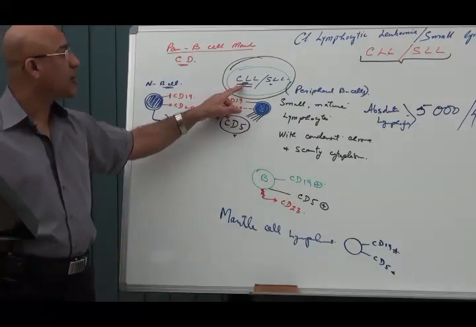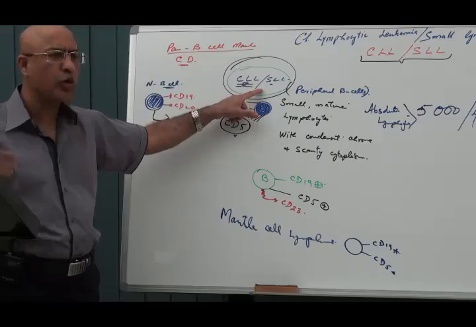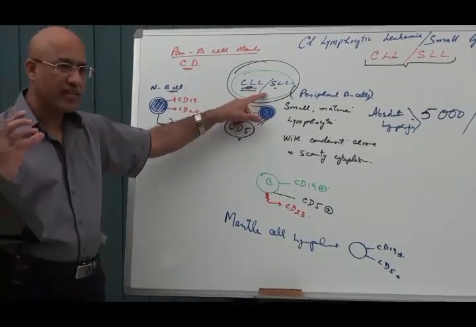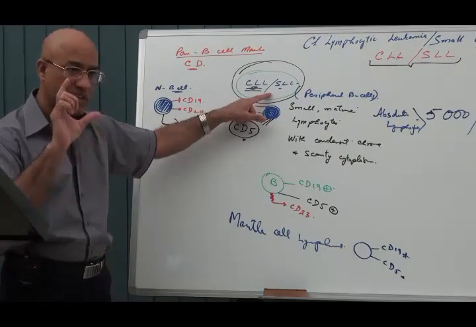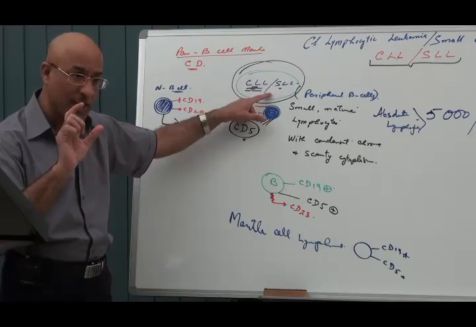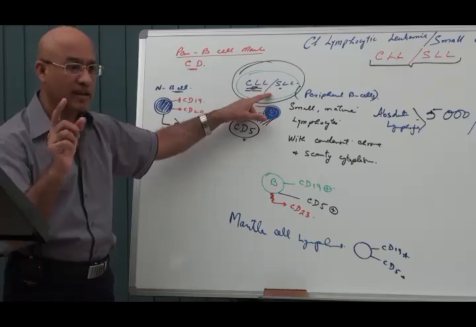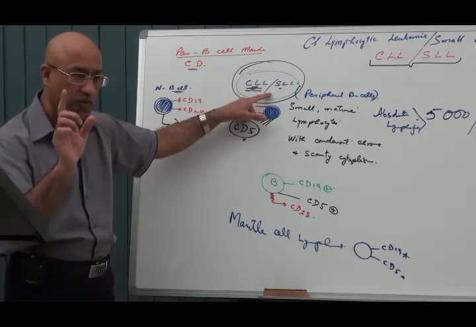Now, what is this condition? This is a leukemic condition in which the leukemic cells are small, maturely looking lymphocytes with condensed chromatin and scanty cytoplasm. Usually lymphocyte size is around 6 to 12 micron, the small size, right?